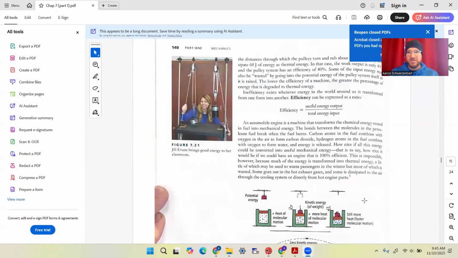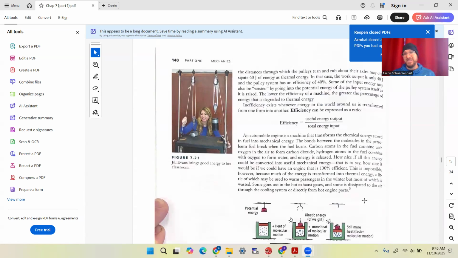You burn all this fuel, it's got a lot of energy in it, but maybe only about 40% at best gets converted. A lot of pulley systems have some friction in them. Usually you can get more than 40% efficiency, but maybe not always. Okay? So that's kind of a quick summary of chapter 7 of work, energy, machines, and efficiency.